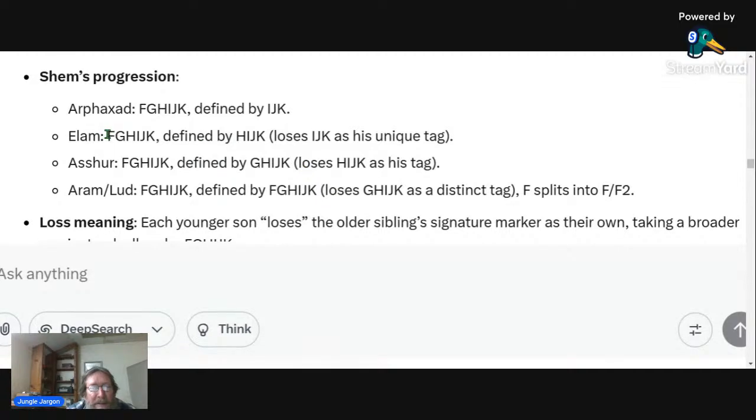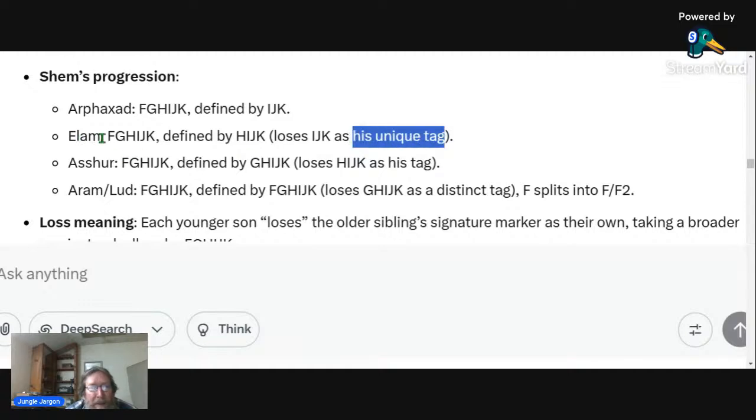He was trying to define it by adding and losing letters, but the SNP is not defined by adding and losing letters. That's just a label. So he loses the IJK as his own. It was never his unique tag.